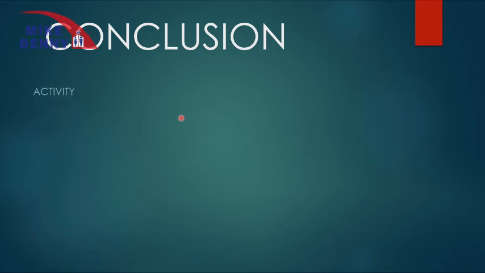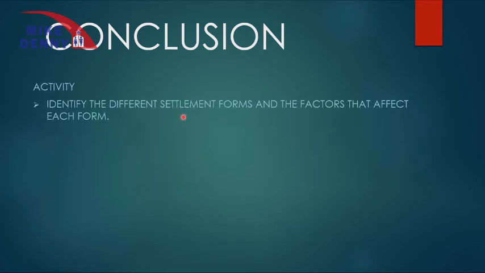The first question that you have to do is to identify the different settlement forms and the factors that affect each form. Let's take for example a linear form of settlement, and the factor there was a communication line, which was a road or a river. So you will do the rest. We go to the next one.